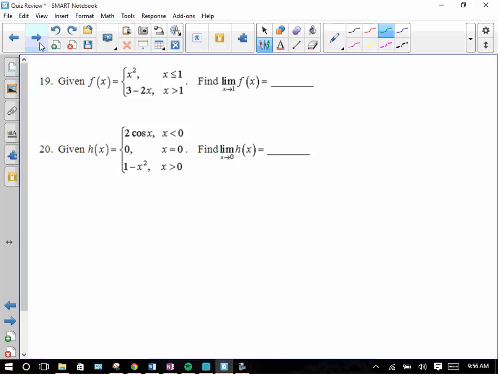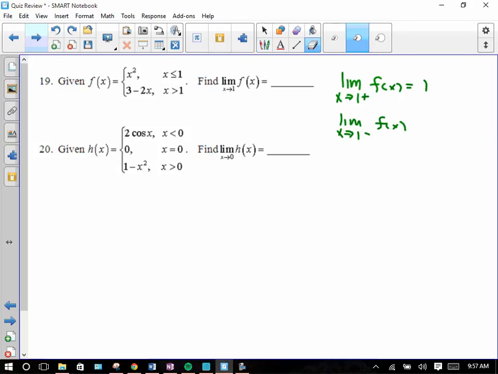So all I'm going to do is figure out what my left side limit is. I'm going to plug 1 in. 1 squared is 1. As x approaches 1 from the right, I plug 1 in: 3 minus 2 times 1. 2 times 1 is 2, and 3 minus 2 is 1.